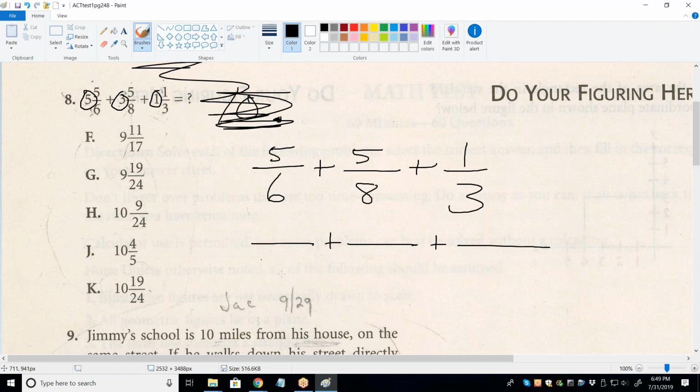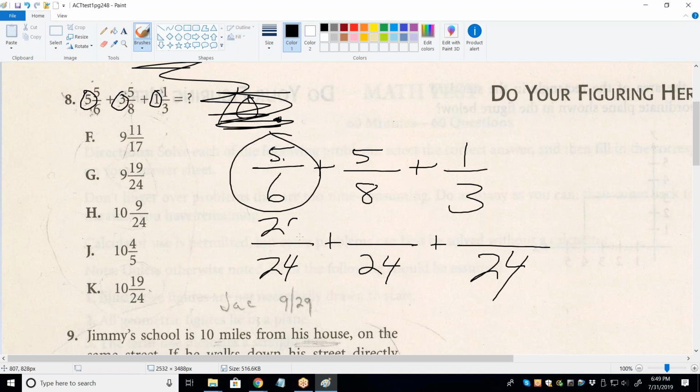Okay, and this is the way I'll always do it, no matter what level I'm doing it. We'll keep it straight. Now, what is 5/6 in terms of 24ths? Just as a trick, divide 6 into 24, take your answer and multiply it by the numerator, 5.